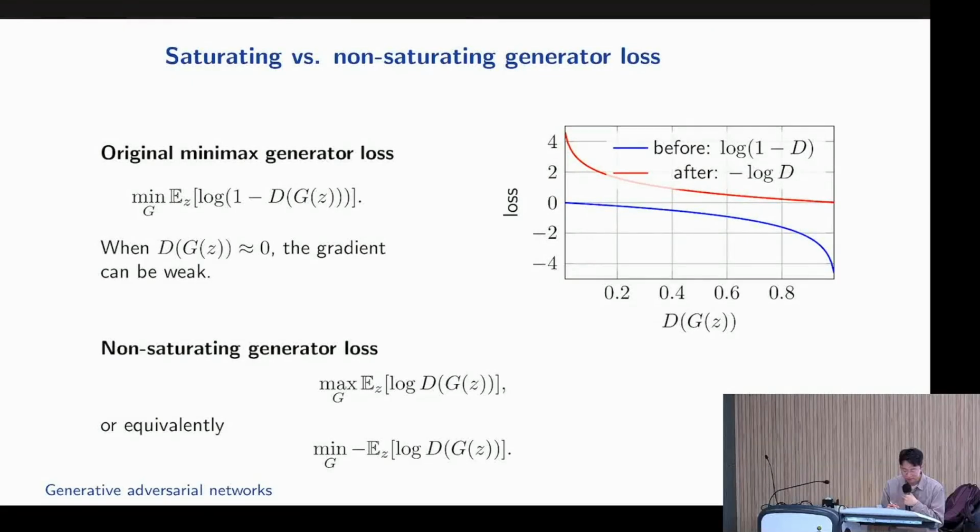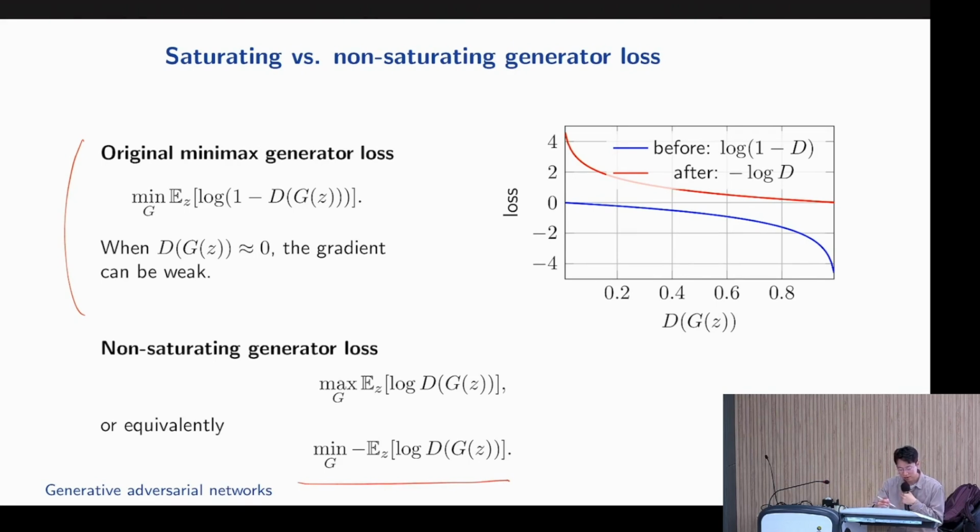Because of this, let's look at the original minimax generator loss. You want to minimize log of 1 minus discriminator output of the generated image. Let's compare this objective with this objective.